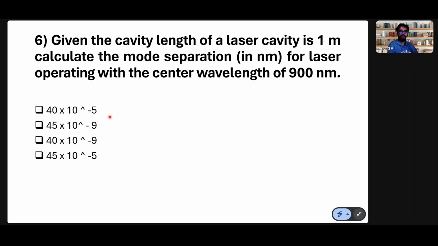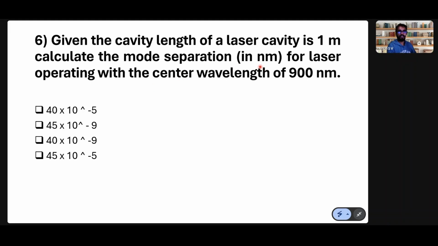So given the cavity length of a laser cavity is 1 meter, calculate the mode separation for laser operating with the center wavelength of 900 nanometer. So for this, you need to use the formula. The mode separation is delta lambda. They are asking mode separation in nanometer, not in frequency.